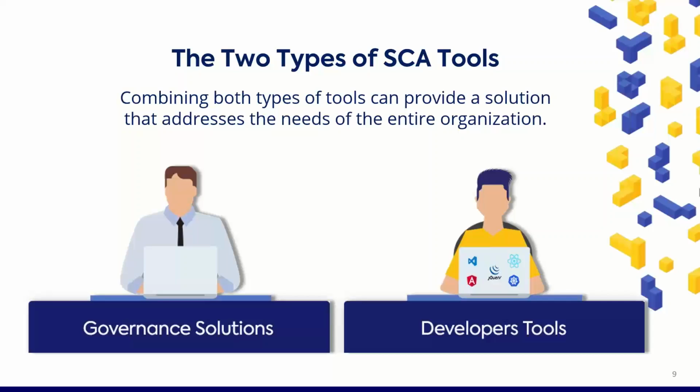So it's really up to the security team or the legal team to actually set the scene for the compliance and vulnerability. So that's the governance part, the policy: which policy does my organization have? The second type of tools is more towards the development.